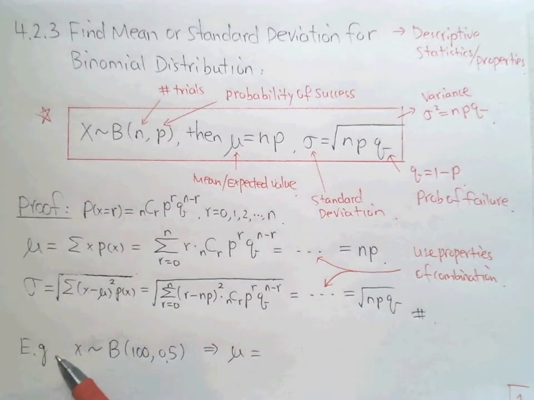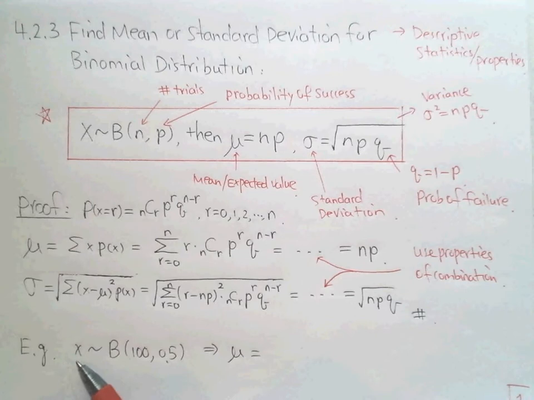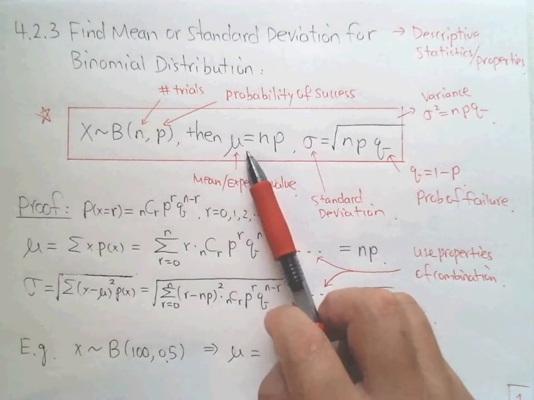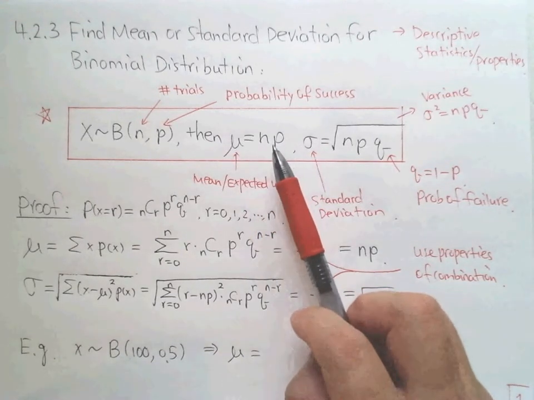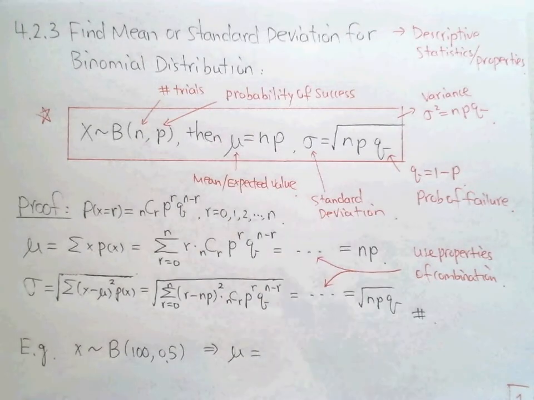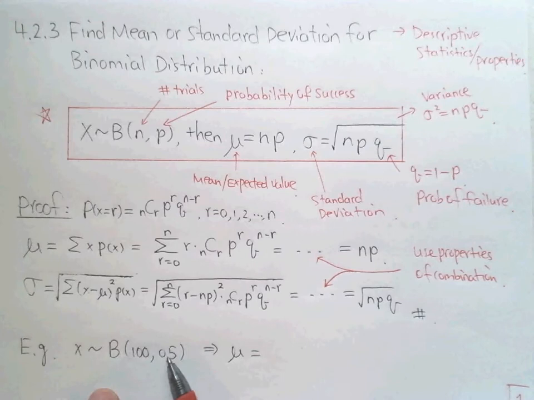I'll give one example to help understand what the mean, the expected value, means in this type of distribution. Suppose we have a binomial distribution (100, 0.5). What does this mean? You play a game 100 times, and each time you have a half probability, 50% you win, 50% you lose.